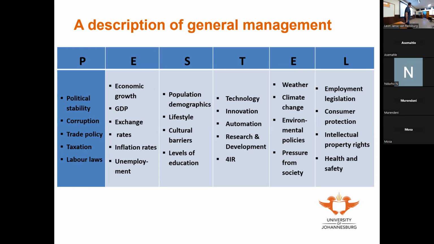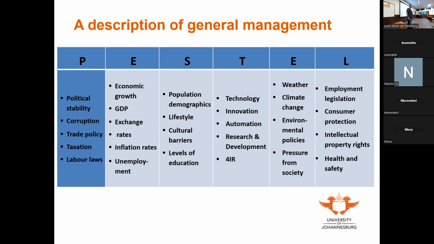You would decide what's important. So, for example, you see population demographics. Sometimes not important. Lifestyle might be, and there might be more. Okay, technology innovation, that's on the T: automation, research and development, 4IR. There's weather under environmental.